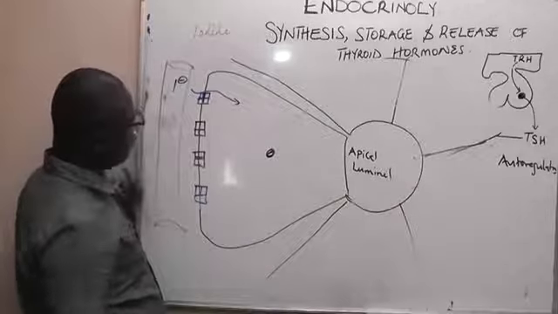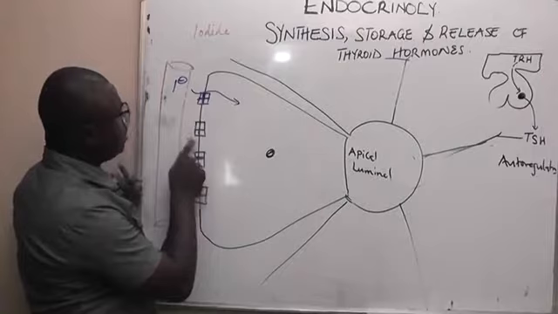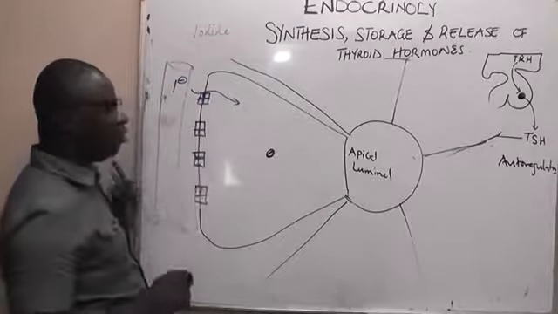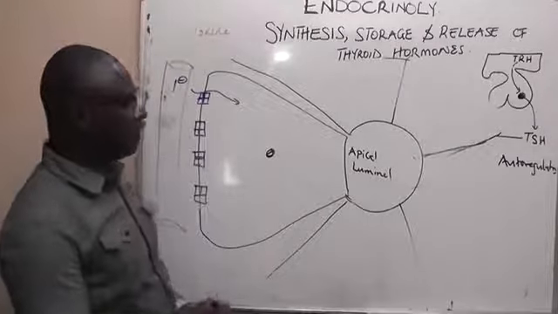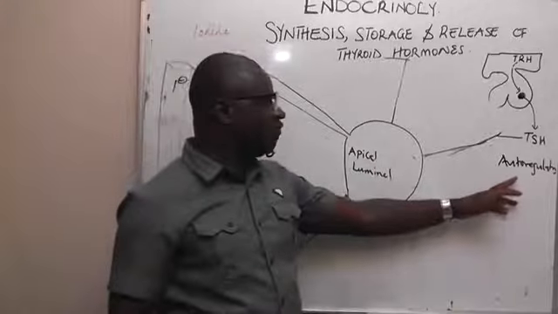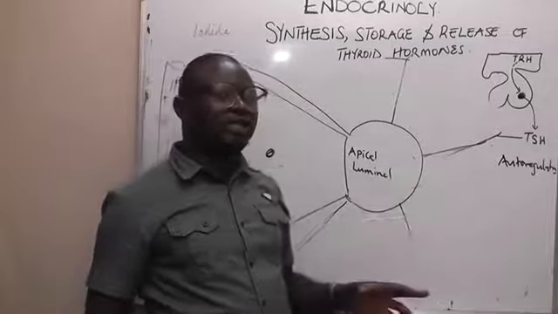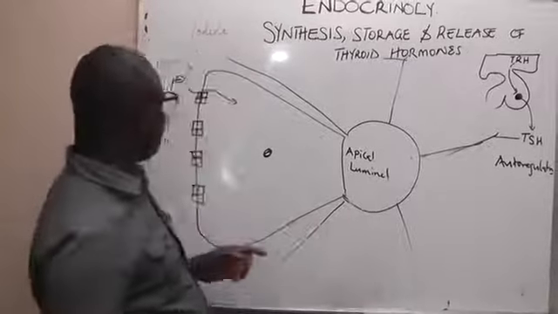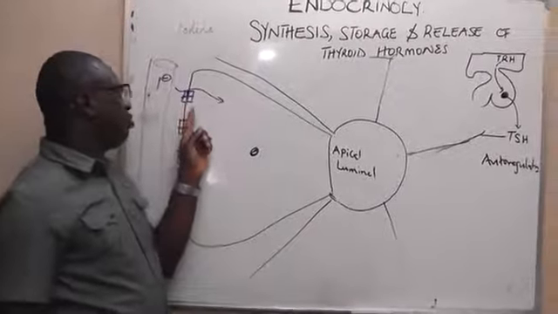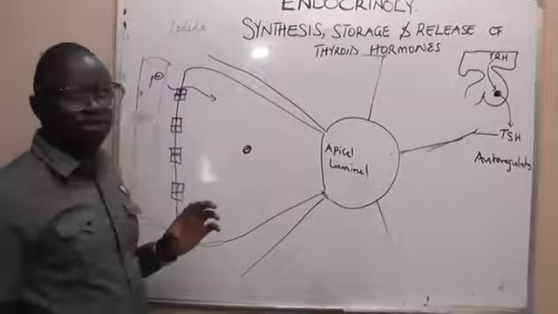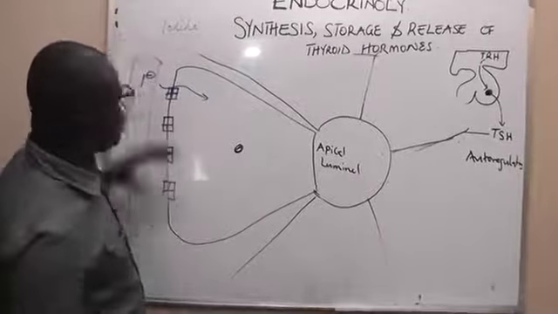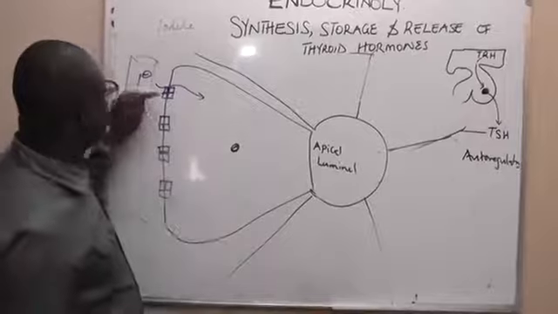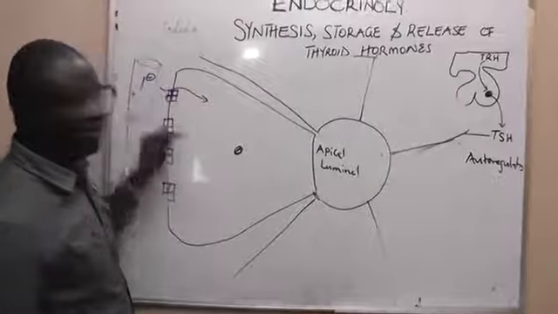But there are some things I need to say about this iodide pump. It has the ability to regulate. That's why we say one of the functions of the follicular cell is autoregulation. Do you understand? It's autoregulation. So if, for example, you have too much iodine coming in, this pump will be inhibited.